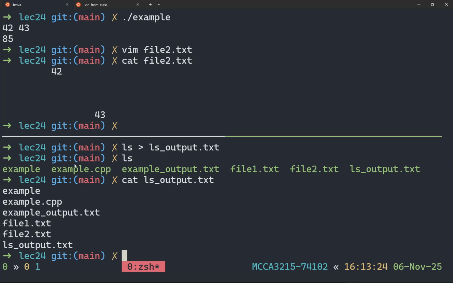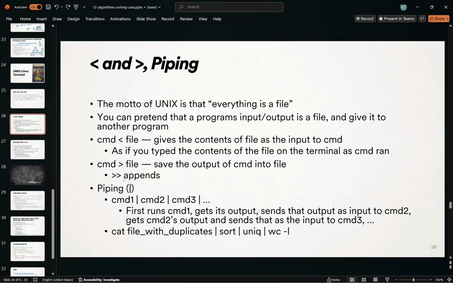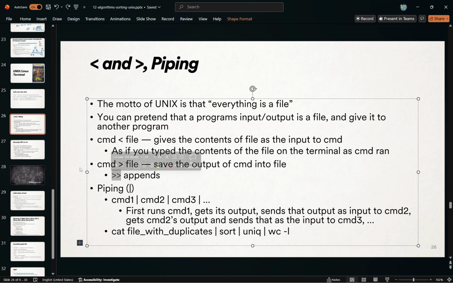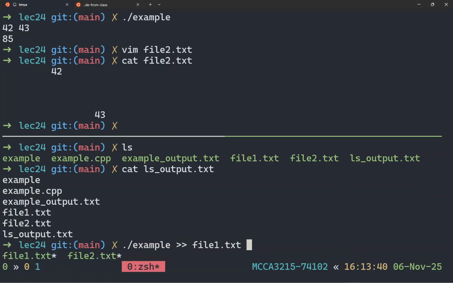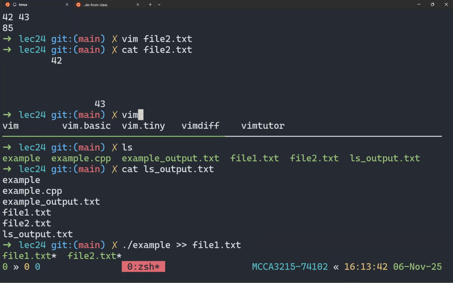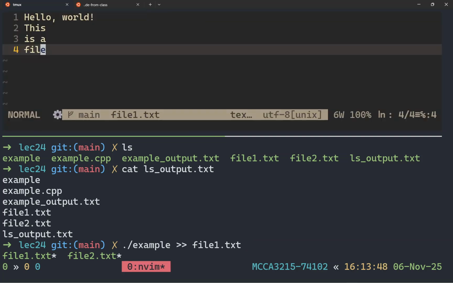What else? So if you give two arrows, it will append to the file. So if there's already something there, it will add to it, otherwise it will overwrite. So this one will append, put it at the end. So like example and append to my file1.txt. Let's go and look at that for a second. Here's file1.txt. Right now it's got this as a file.